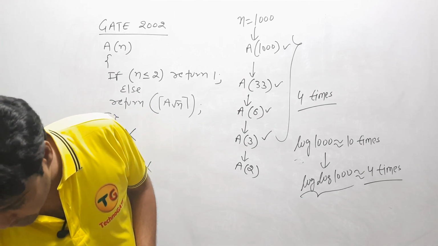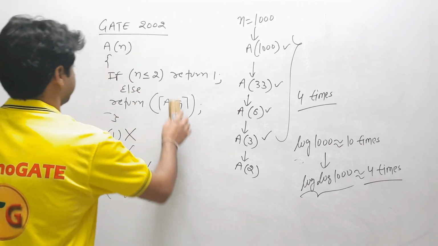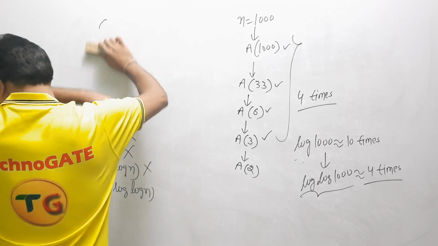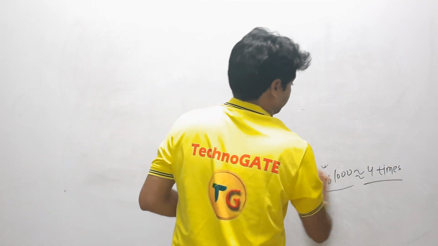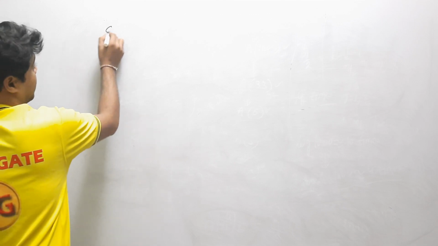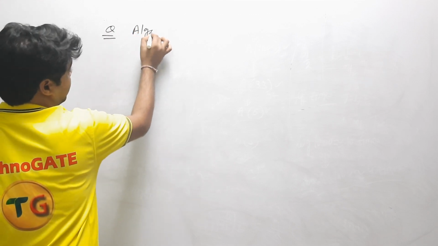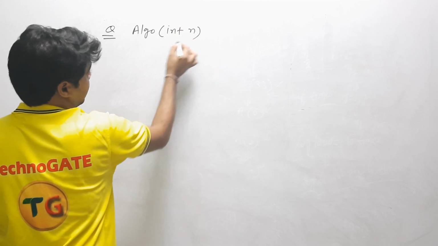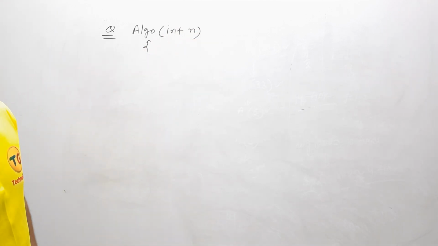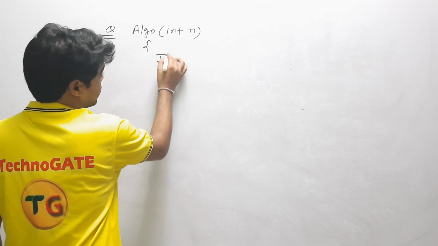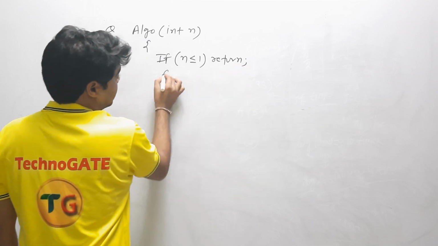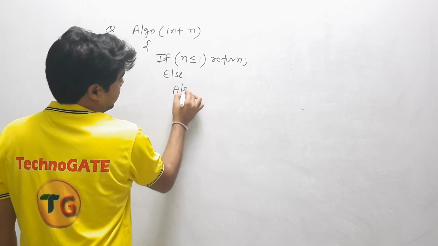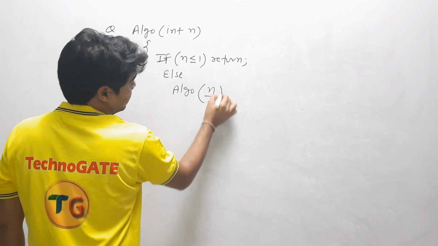Now take the next one. Algo is a function, algo of int n. If n is less than or equal to 1, simply return, else algo of n by 2.